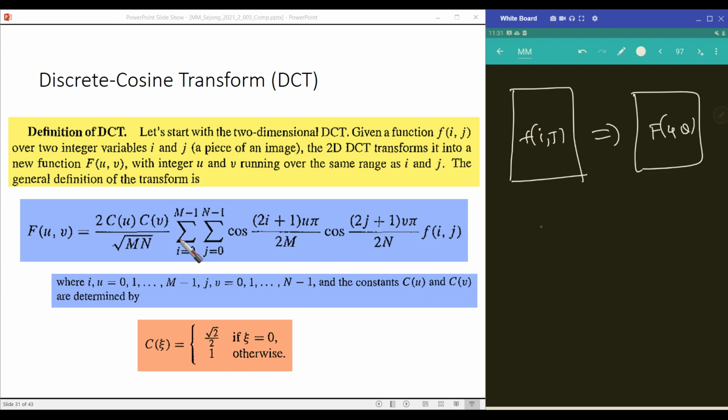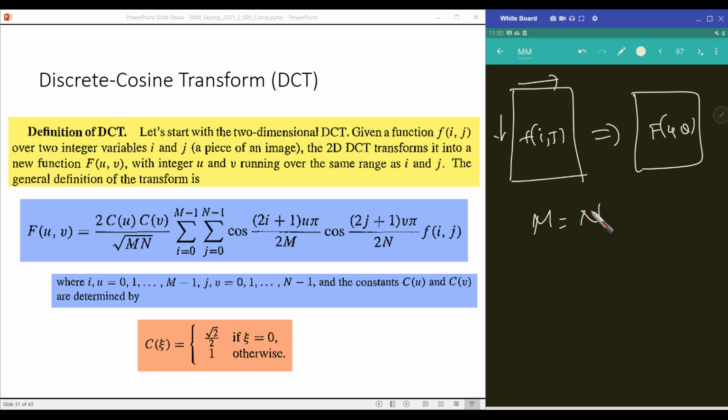Now for an image, we can think of both dimensions. Let's say in this dimension and in this dimension, you have an equal number of elements. So at that time, m will be equal to n. That's the simple thing.